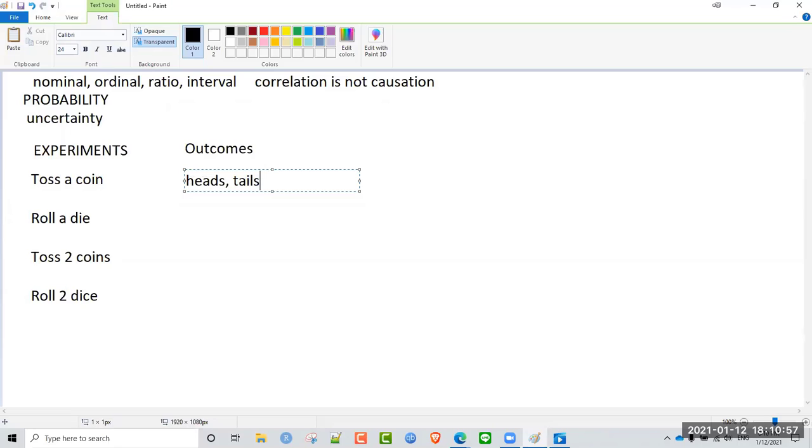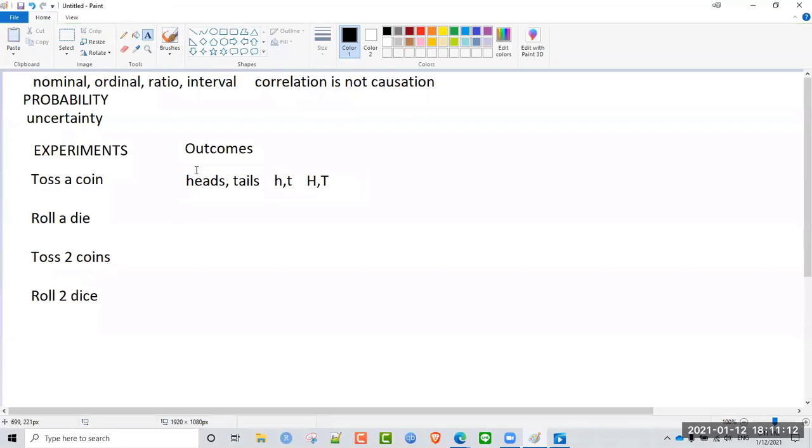So heads and tails, of course we could write H and T if we wanted to, or we could write H, comma, T like that. It doesn't matter. Any of those will be fine. And we are going to write these outcomes in set notation.